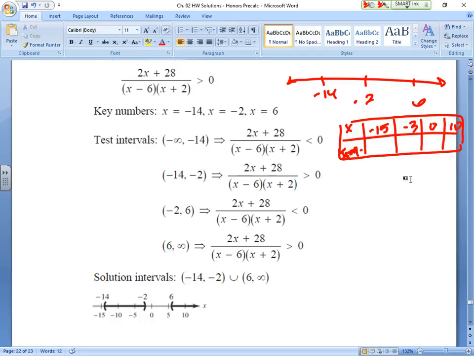Negative 15, negative 3, 0. How about 10? Right? And then you would have had to plug in. Plug in where? Well, we could have plugged into this nice factor form. Plugging in negative 15, that'd be negative 30 plus 28. That's a negative number. On the bottom, we have a negative number, another negative number, 3 negatives. Oh, that's a negative, and it's supposed to be a positive. That's why key numbers. Did key work? That one was out.